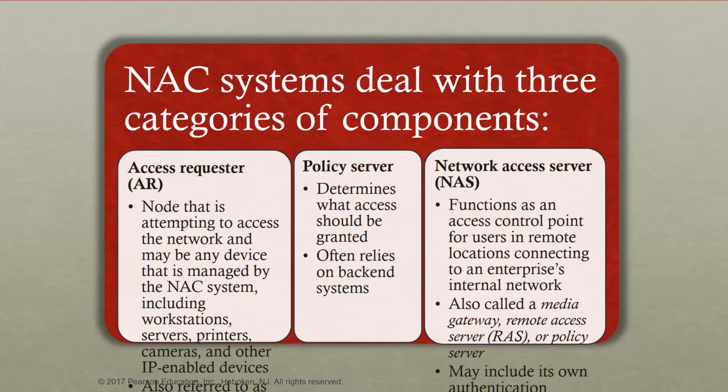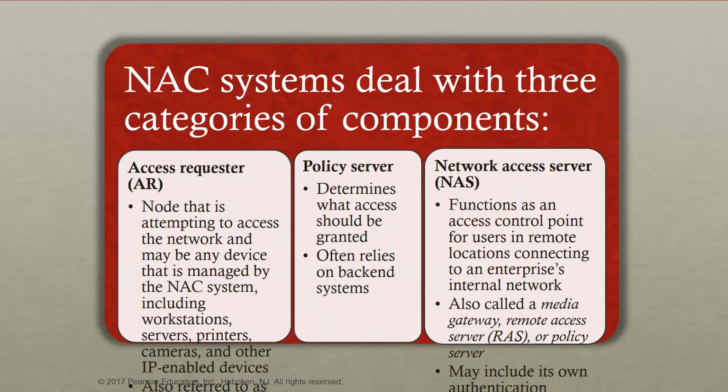Policy Server. Based on the AR's posture and an enterprise's defined policy, the policy server determines what access should be granted. The policy server often relies on backend systems, including antivirus, patch management, or user directory, to help determine the host's condition. Network Access Server, NAS.